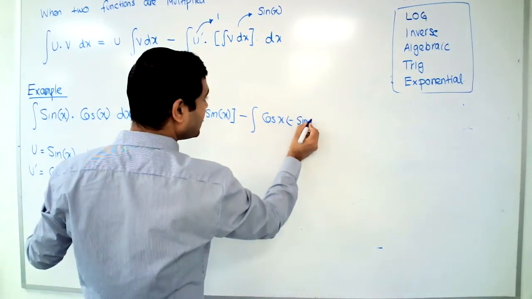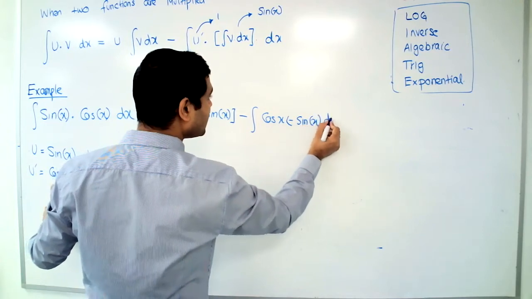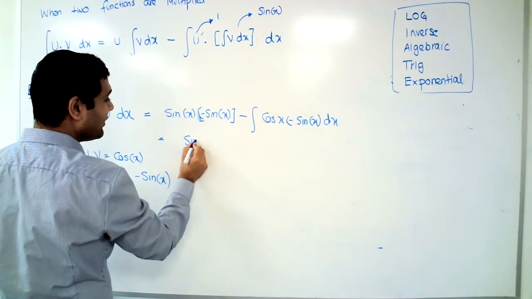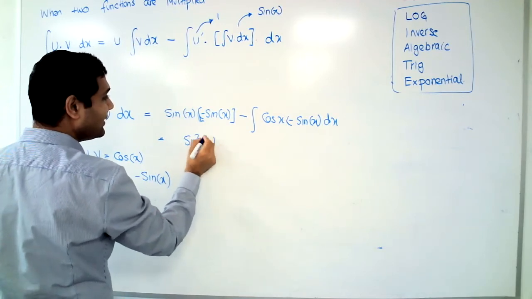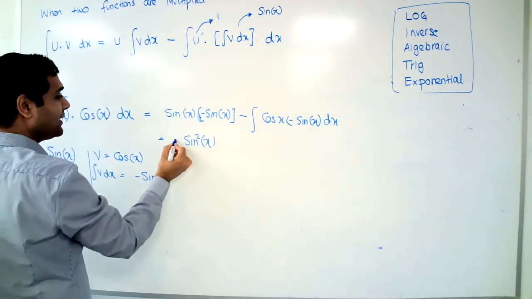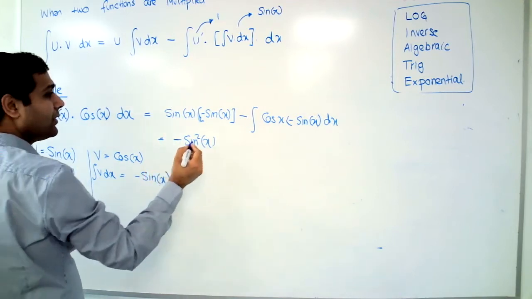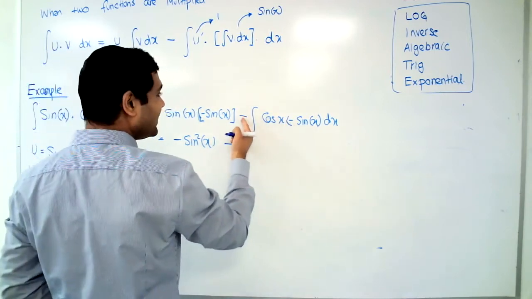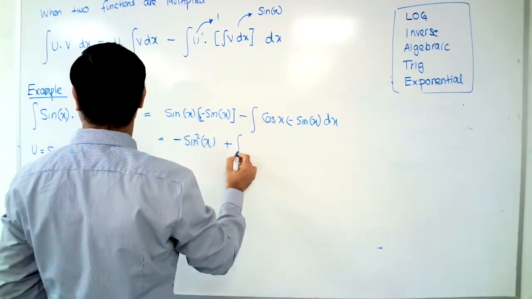Sine x times sine x becomes sine square x. Remember there was a minus here; this minus comes outside here. Now this minus and this minus becomes a plus.